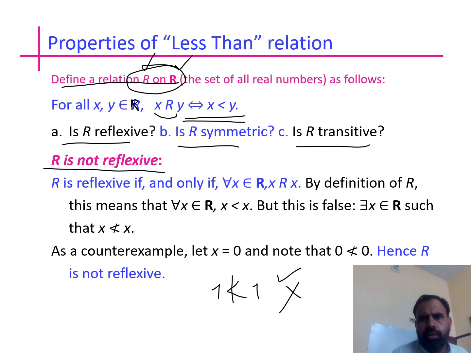Now we discuss the properties of the less than relation. For all x, y belonging to R, x is related to y if and only if x is less than y. Is R reflexive, symmetric or transitive? R is not reflexive. It is reflexive if and only if for all x belonging to R, x R x, by definition of R. This means that for all x belonging to R, x is less than x, but this is false.